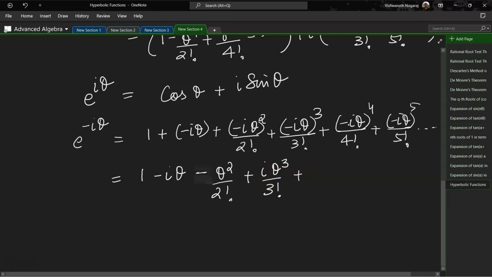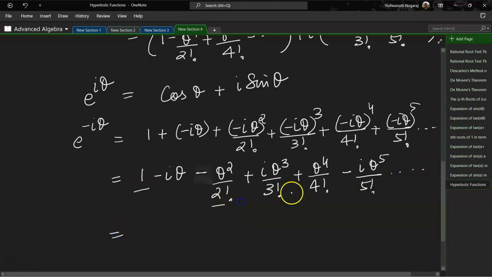Similarly, here this minus to the power of 4 will become plus. i to the power of 4 is 1. So this will become theta 4 by 4 factorial. Then minus i theta to the power of 5 will give us minus i theta to the power of 5 by 5 factorial, and on and on.